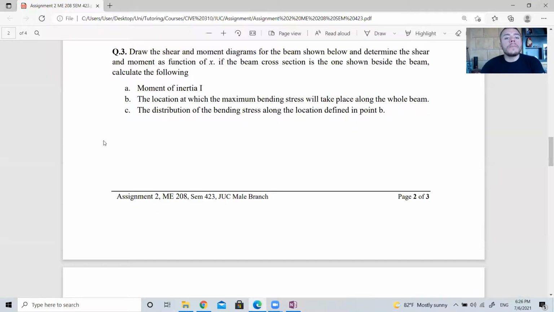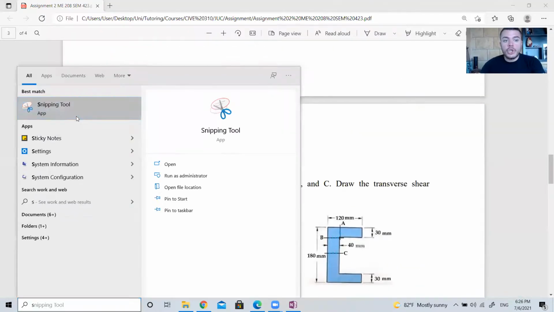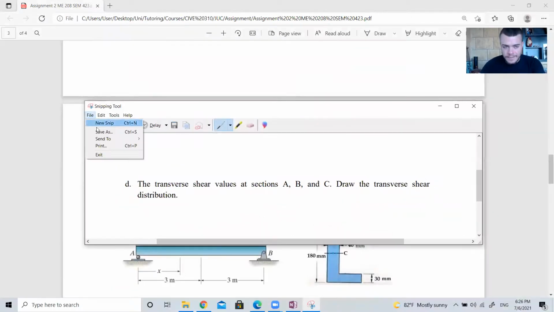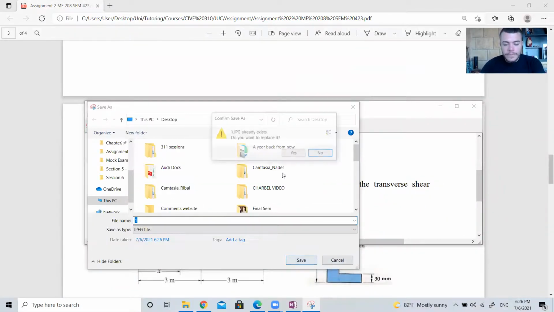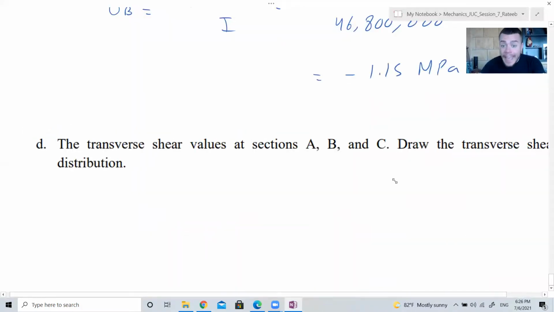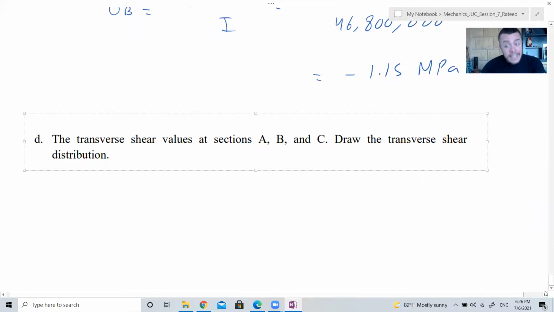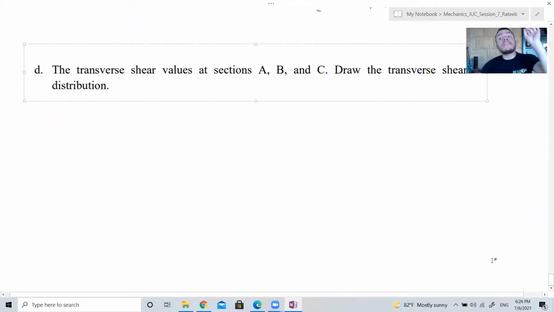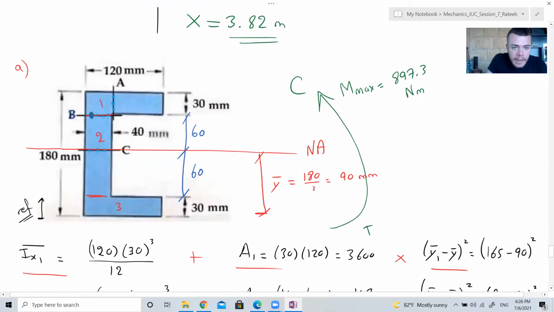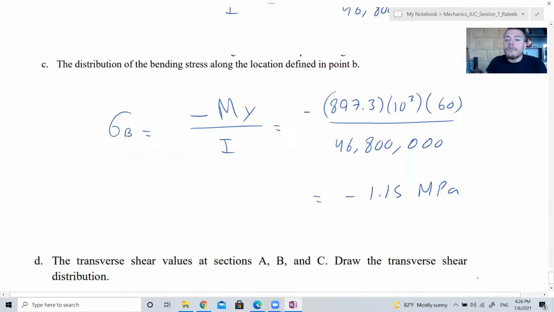One more part. You need to find the transverse shear values, meaning the shear stress at points A, B and C, and you need to draw the transverse shear distribution. So now you need to find the shear stress at point A, which is here, at point B, and at point C. What is the formula for the shear stress?